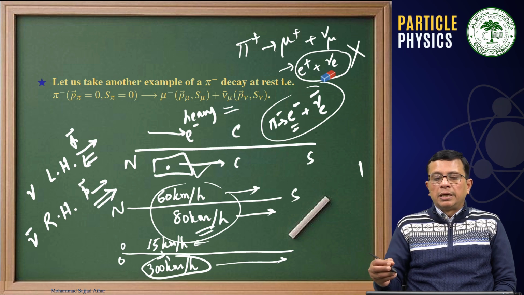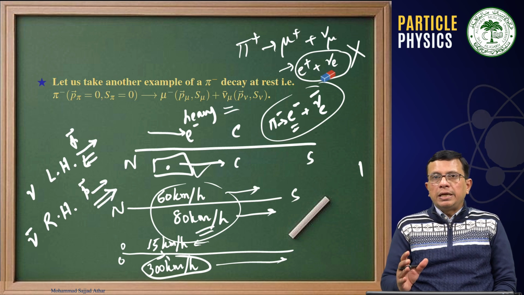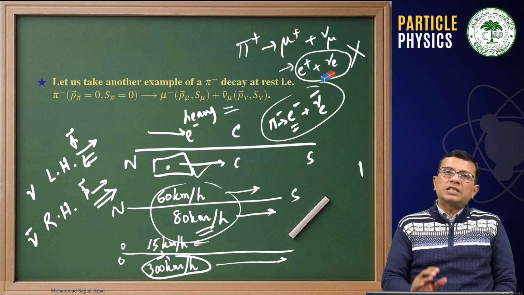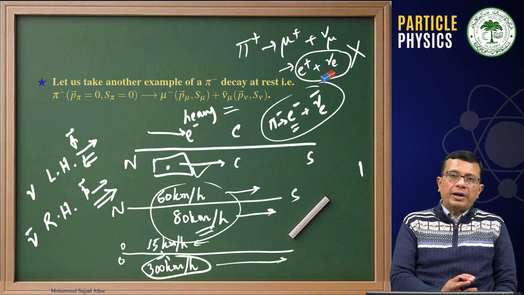Or similarly, we can talk about other decays later in this course, where we will find that for massless particles the helicity is fixed, but for a massive particle the helicity can be both left-handed and right-handed.